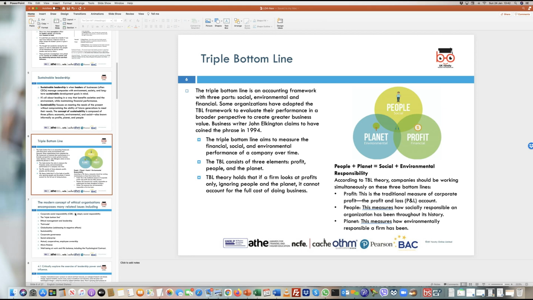So from that point of view, this concept has become quite important in large organizations today, and they look at these three aspects of planet, profit, and people or community to ensure that any new product, any new service, any new production plant, or any new practice benefits all three aspects, the three P's as we call them. That is where the concept of the triple bottom line comes in.